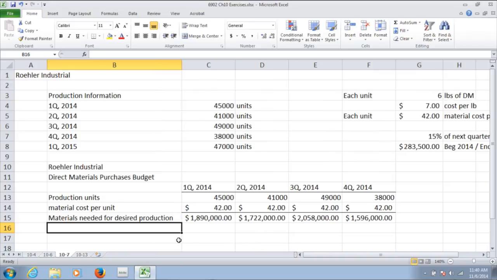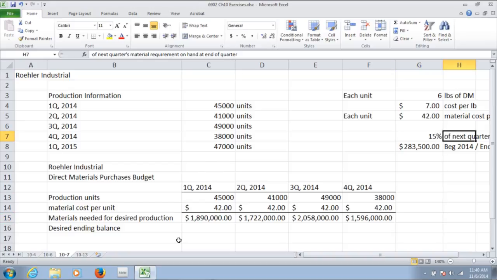Well, we're also told that we have the desired ending balance that follows a similar rule, and that is that we will have to take 15% of next quarter's material requirement on hand.